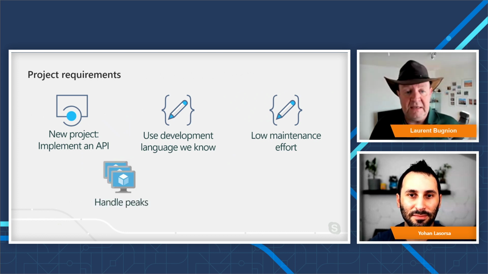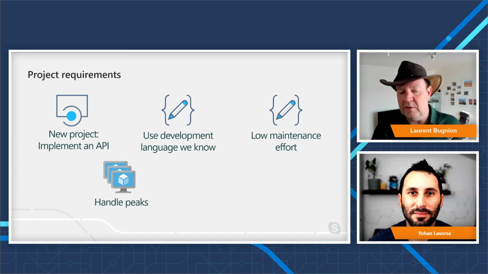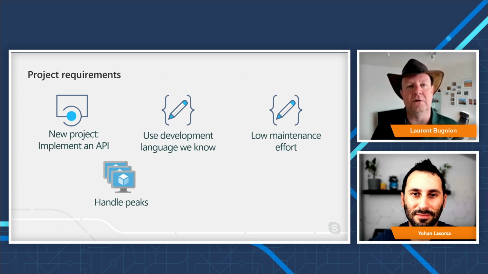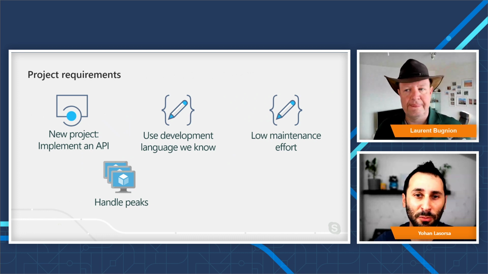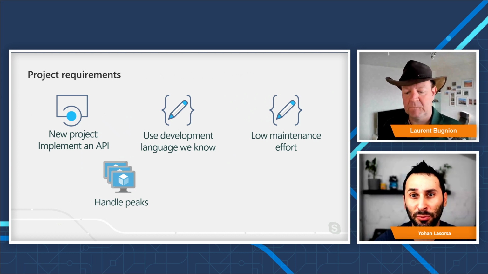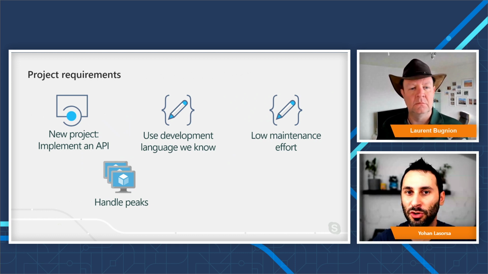Another thing is the peaks. We have talked about that, right? When we have the back to school, we need to be able to absorb the demand. Scalability, being able to scale to the demand appropriately, is one of the many reasons that people choose to move to the cloud instead of using on-premises servers.